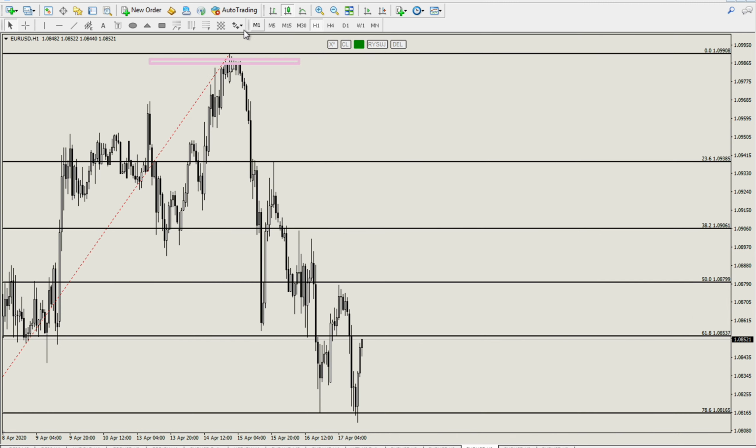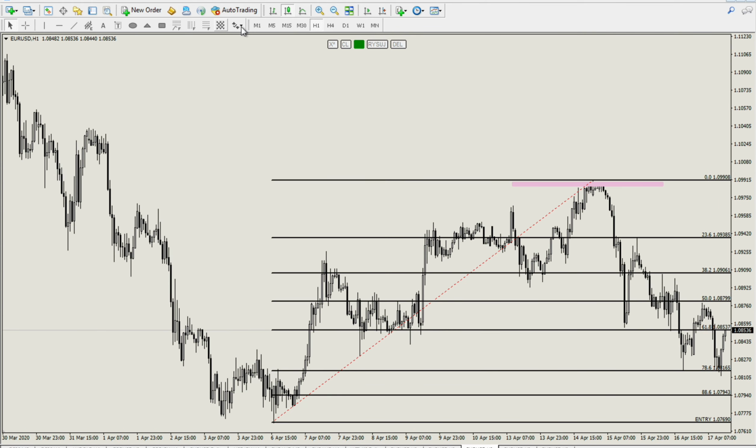In this case, we are looking for either Gartley or Leonardo. We have a first one, and then there is a reaction up to 23.6. So now we are almost certain that something is going on here.